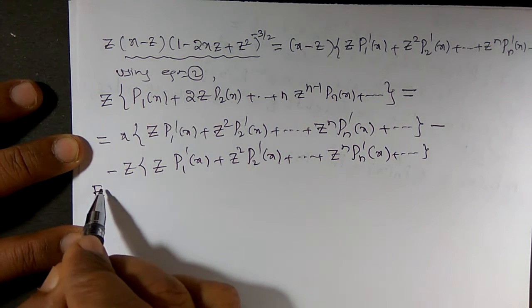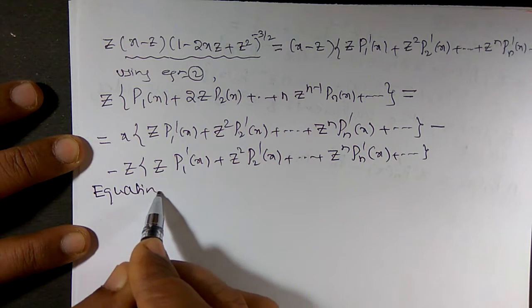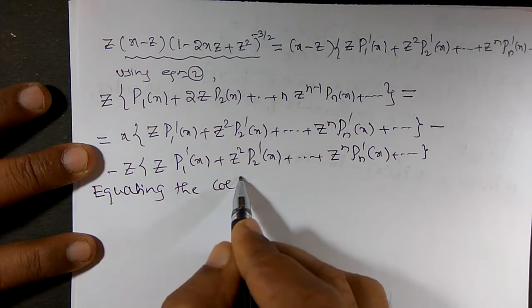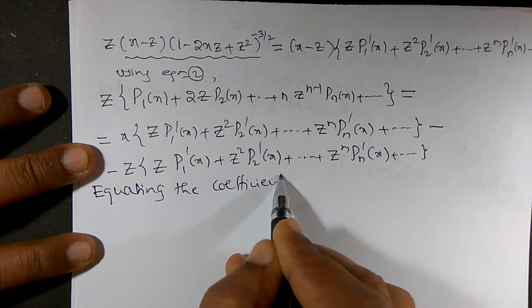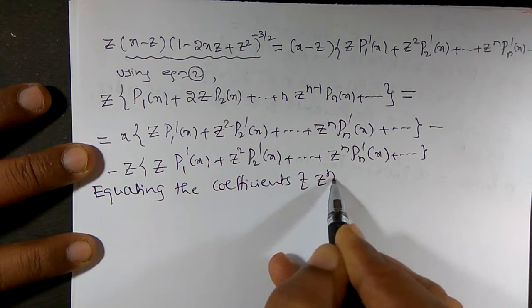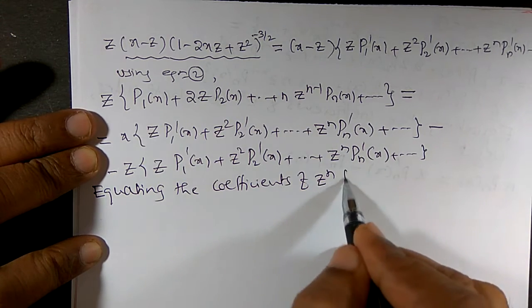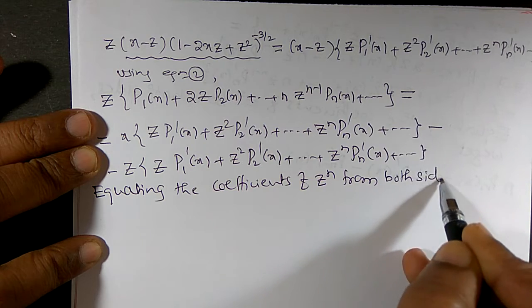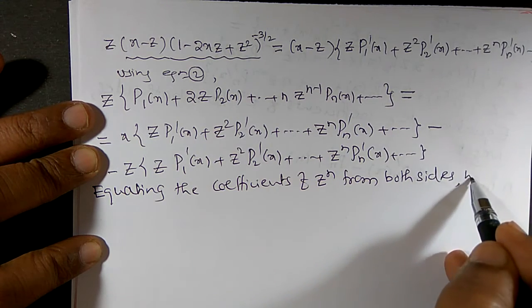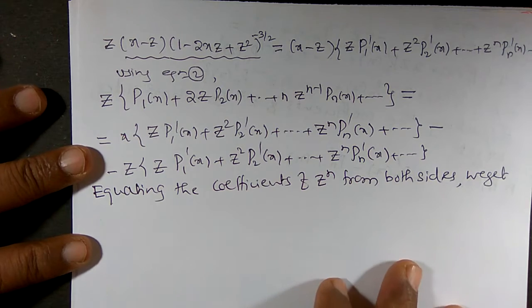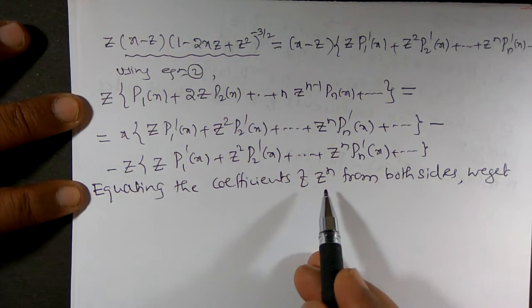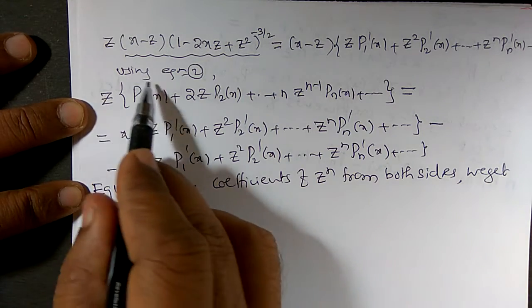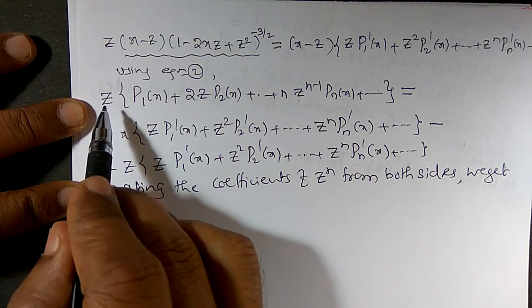Equating the coefficients of z raised to n from both sides, we get, okay, I want to collect what are the coefficients of z raised to n. Multiply z into the first term, you will get the coefficient of z.